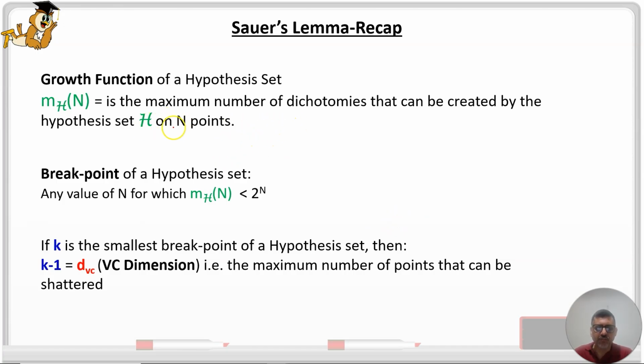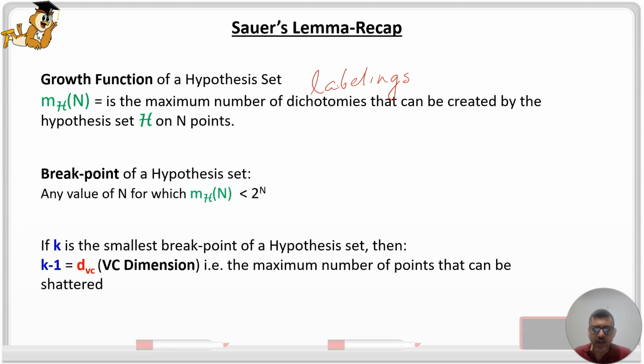You could also call them labelings, which essentially involves assigning +1, -1, or blue and yellow to each of the points. The maximum number of dichotomies that can be created by the hypothesis set H on n points is the growth function of that hypothesis set.